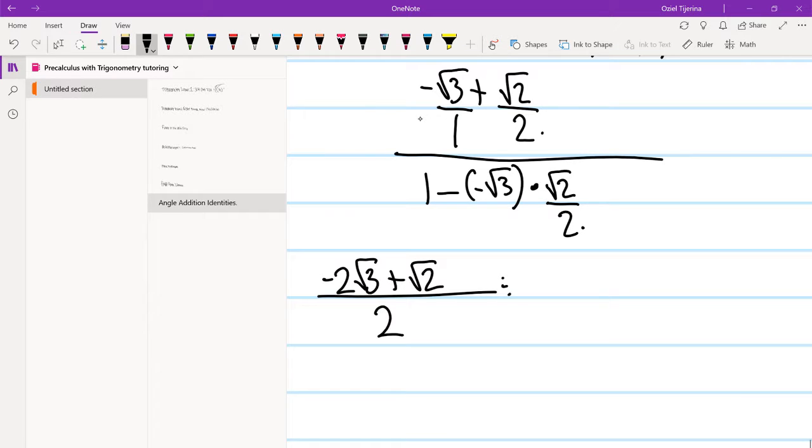Or if you don't like doing that, you can just do it separately, like actually try adding it out.